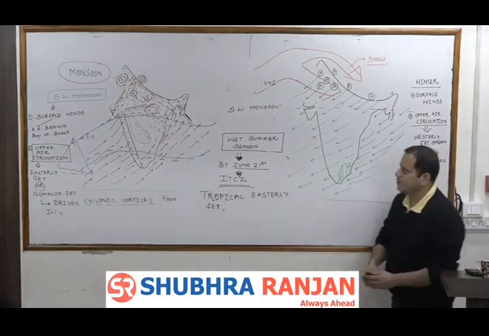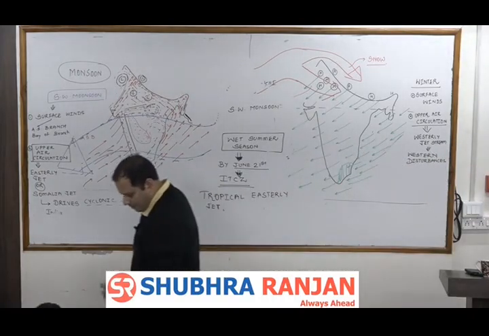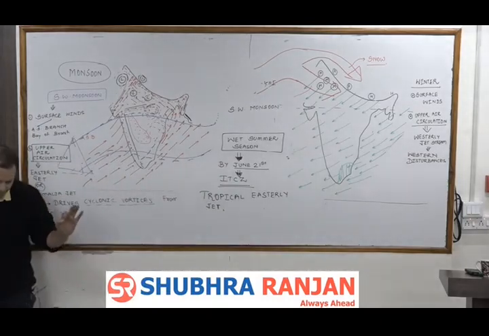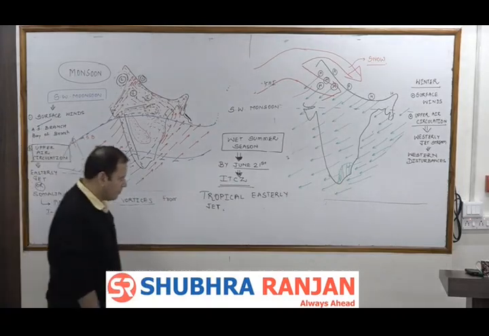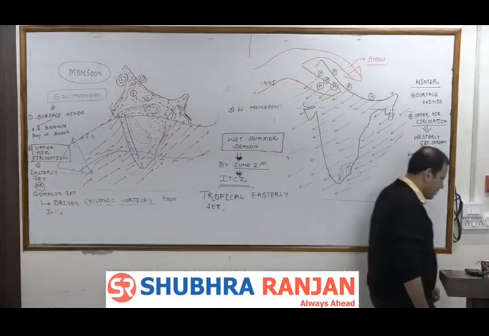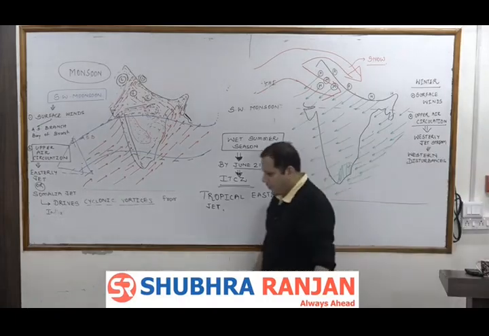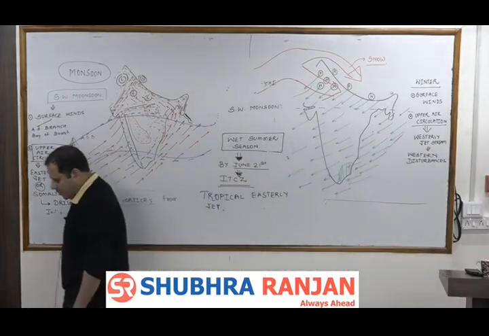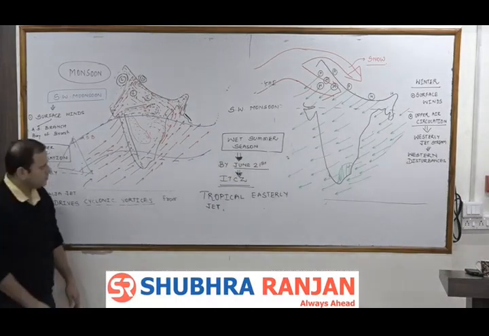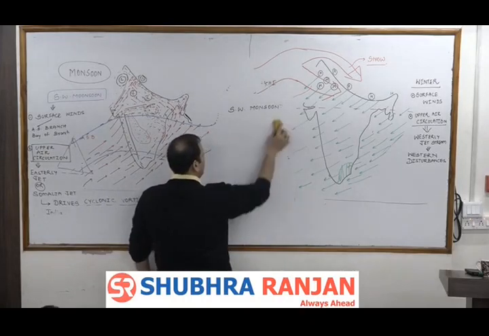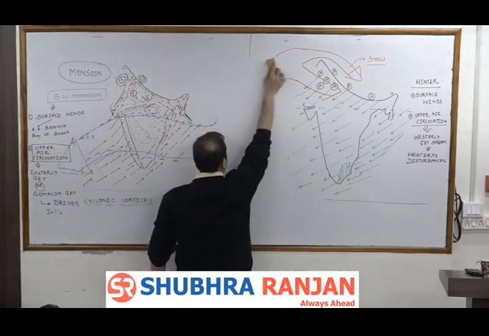So retreating monsoon, mid September to mid November. Due to the southward movement of the sun, the low pressure center gradually starts withdrawing from India, starting with North India.